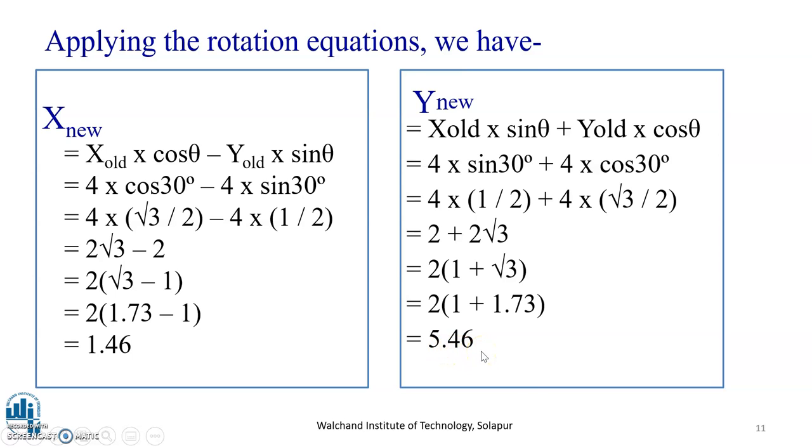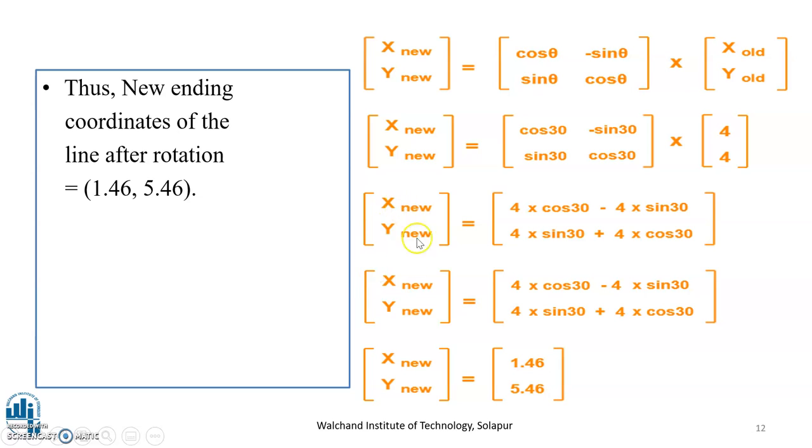So after we solve the given matrix in this format, that was the stepwise approach. Here is this approach in matrix representation, that is x new, y new is equal to the matrix cos theta, minus sin theta, sin theta, cos theta into x old, y old.